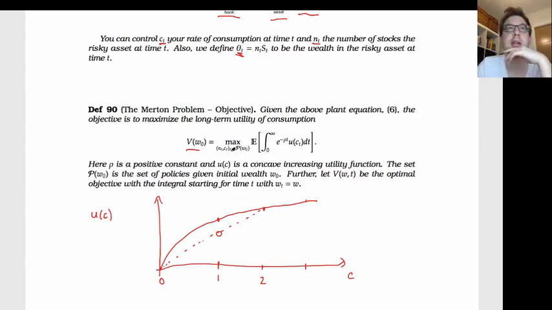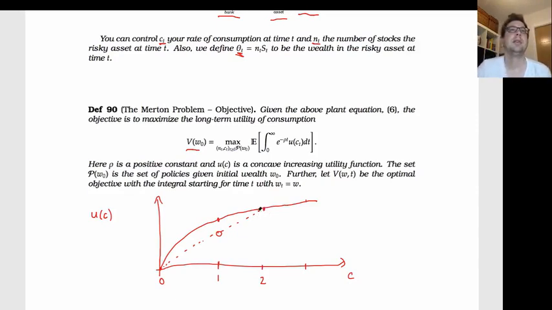That should be a belong sign in here. So looking to maximize the expected value of that when I integrate over all time, subject to discount factor e to the minus rho t of the utility of my consumption. So basically looking to maximize my total expected consumption given some discount.